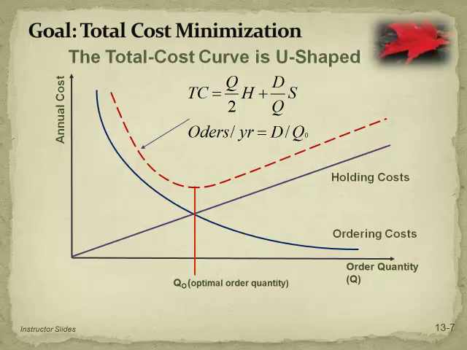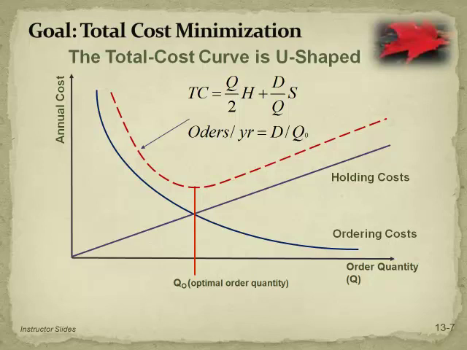The ordering cost is actually a descending cost curve. Essentially I'm amortizing the ordering cost over the quantity, and it goes down. And the red line is the sum of each of those two lines, and that represents the total cost.